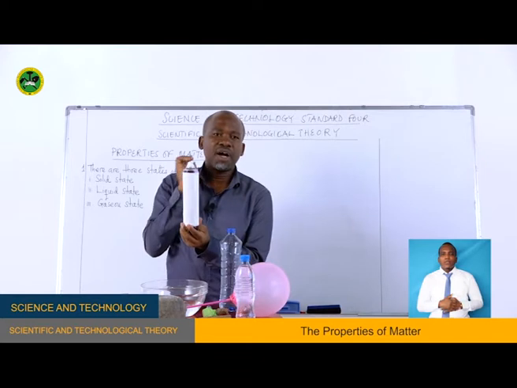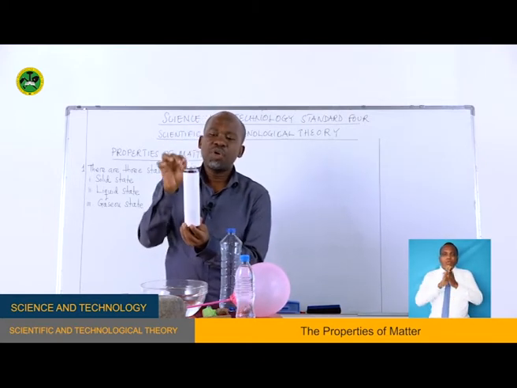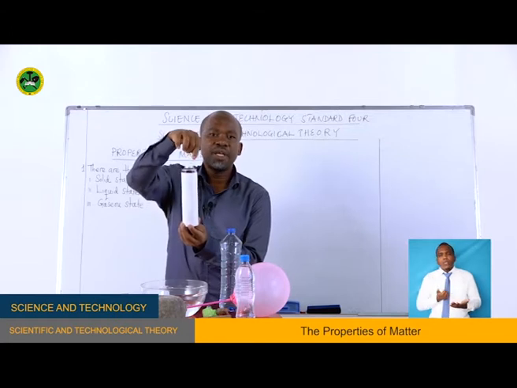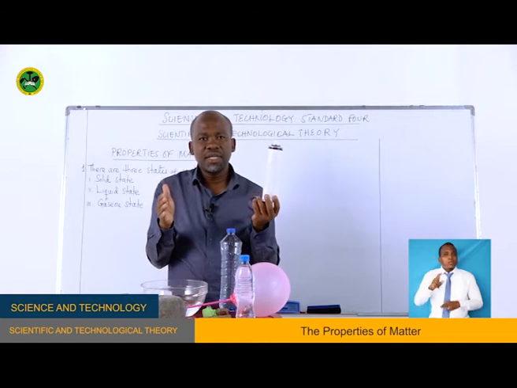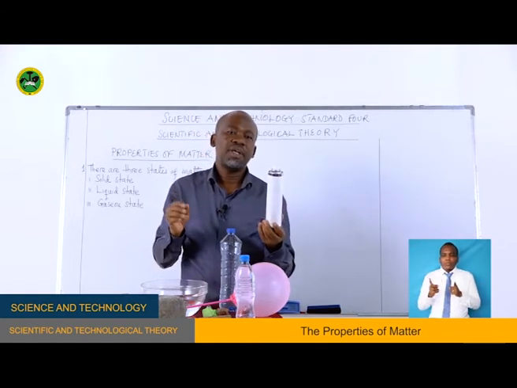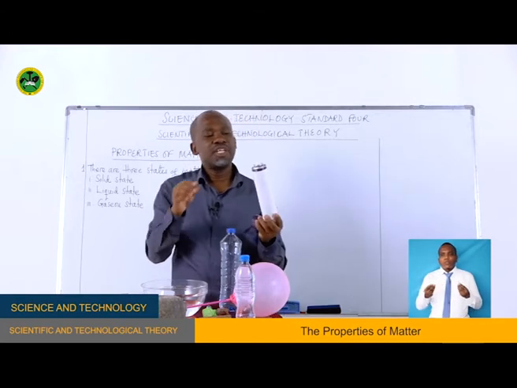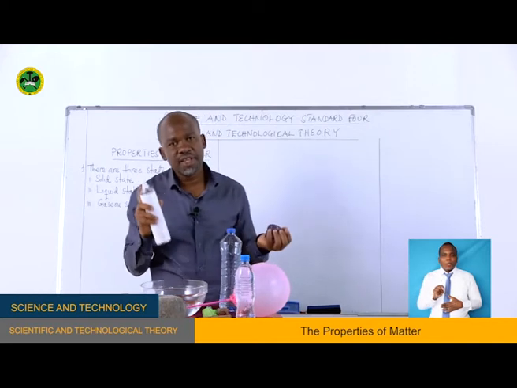If you spray, after a few seconds it disappears. Why? Because the particles used to make the spray are very far apart and they are not close to each other. They are loose. And this spray is taking the available space in the air.